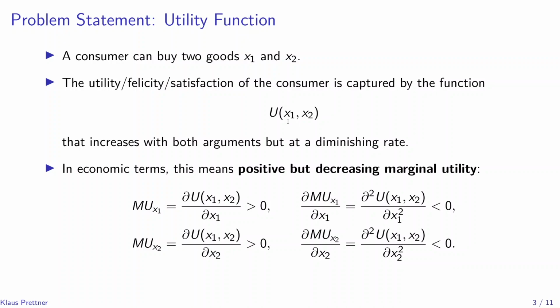This utility function increases with both arguments but at a diminishing rate. What does this mean? This means that if I consume more of one good, then I increase my utility, my satisfaction, but this increase becomes smaller and smaller the higher my consumption of this good already is.